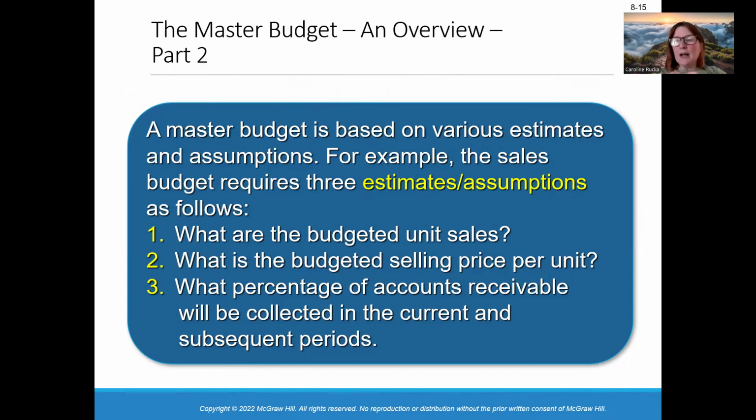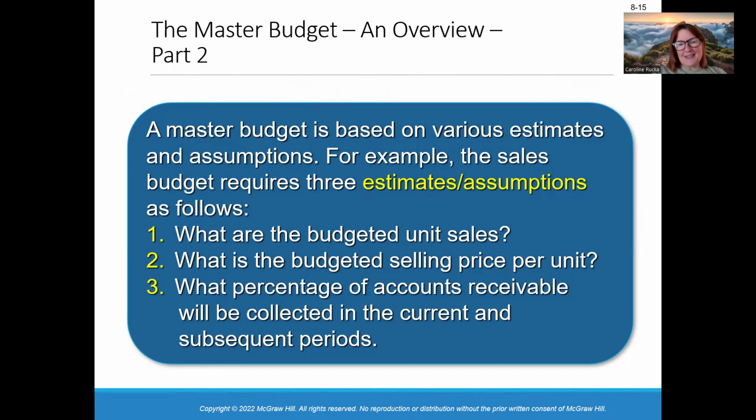Because our crystal ball only works so well, we are projecting into the future. So we are basing this budget on some estimates and also some assumptions. For example, when we're looking at our sales budget, it requires the following three assumptions.